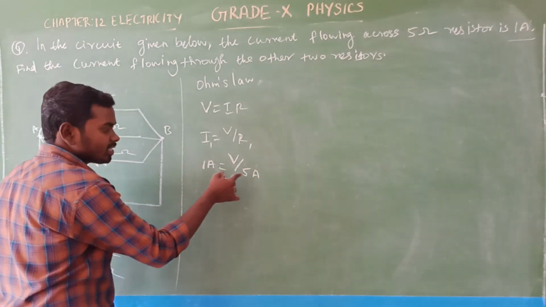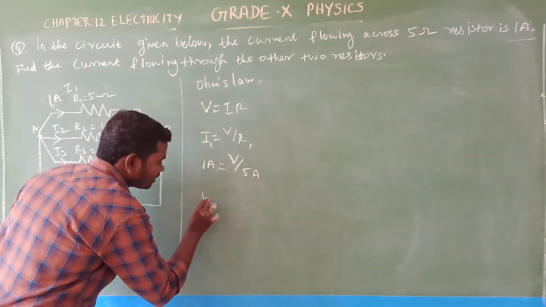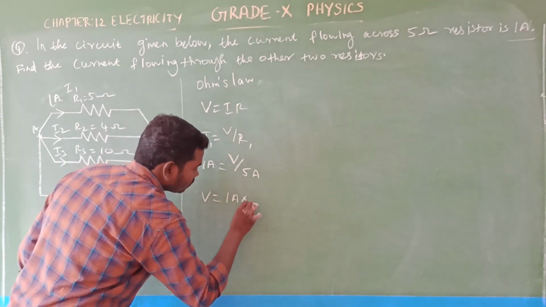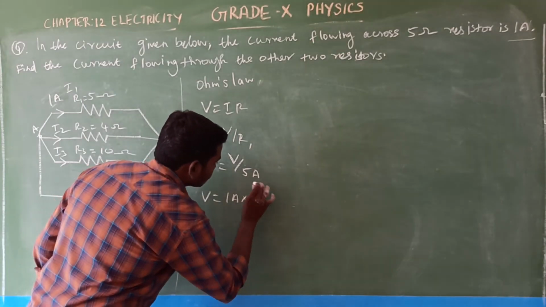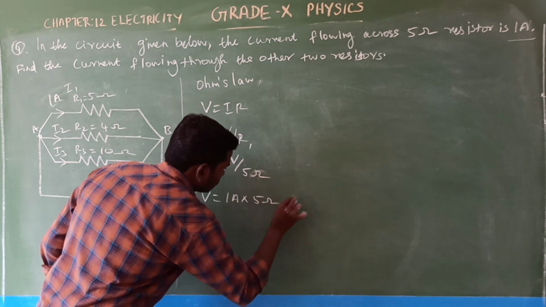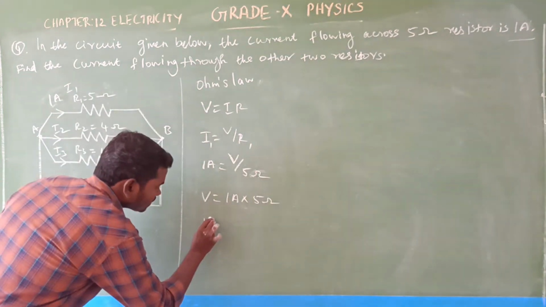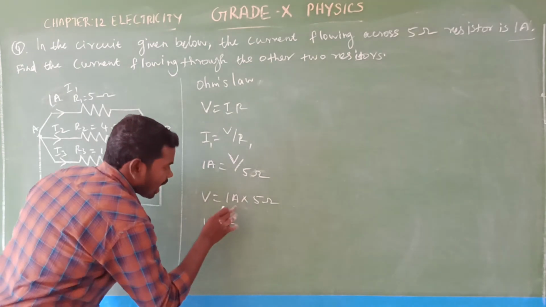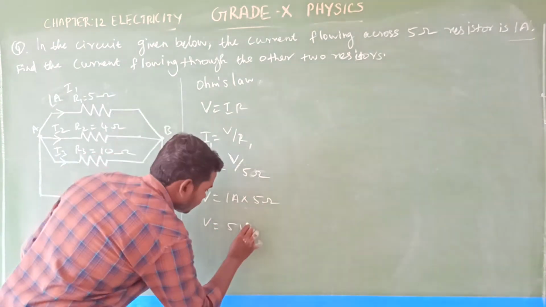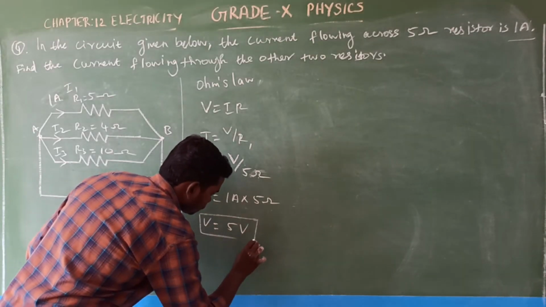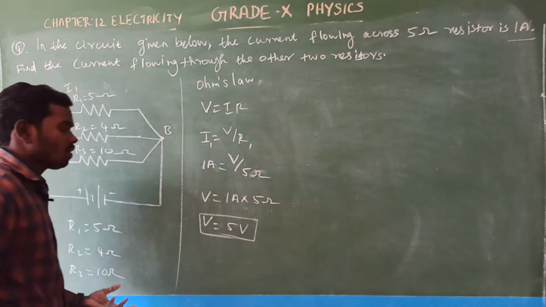When this term comes to this side, the division changes to multiplication. So V equals 1 ampere into 5 ohm, that is 5, and ampere into ohm gives voltage. Yes, that's all. Very easy.